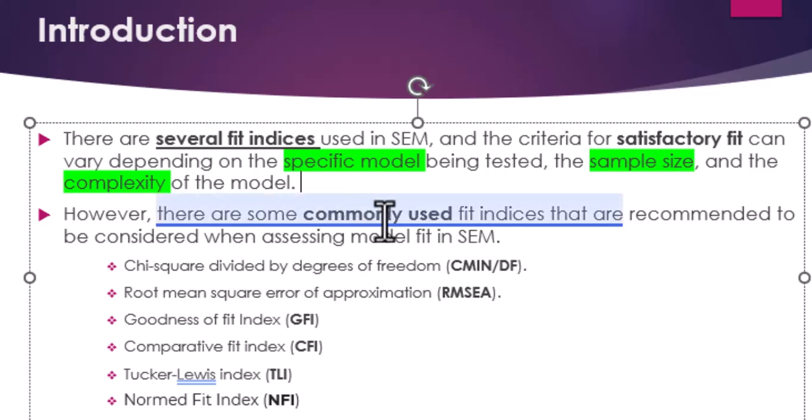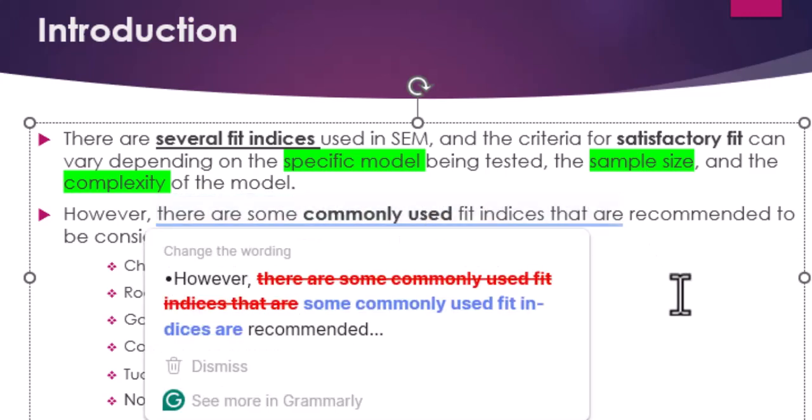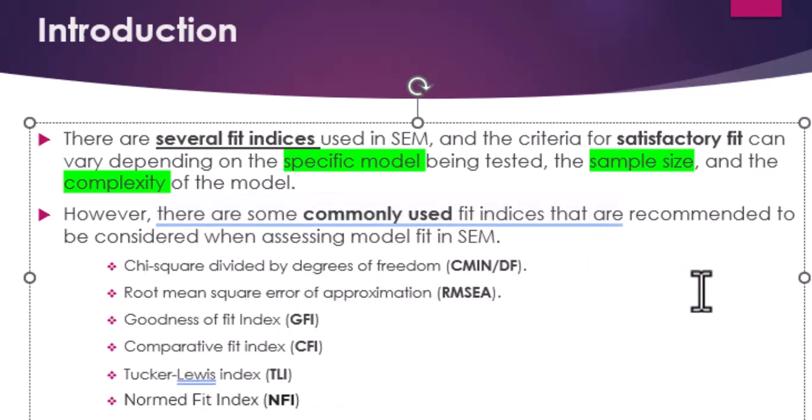However, there are some commonly used fit indices that are recommended to be considered when assessing the fit of a structural equation model. There are several of them, but there are those which are commonly used. The first one is the chi-squared divided by the degrees of freedom, that is CMIN divided by degrees of freedom. The second one is called root mean square error of approximation, RMSEA.